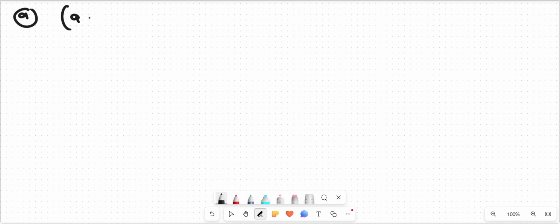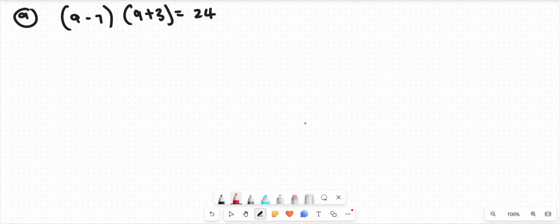And this one looks like that. A minus 7 in the first bracket, a plus 3 in the second bracket, all equal to 24. So remember how this conversation started in the beginning. I said if you had two brackets that are multiplying and they're giving you 0, then you could just take the first bracket, make it equal to 0, take the second bracket, make it equal to 0.